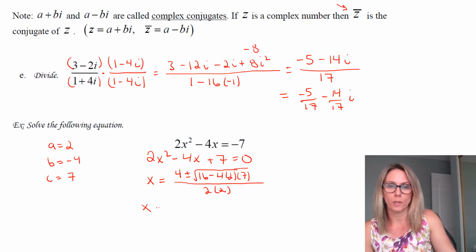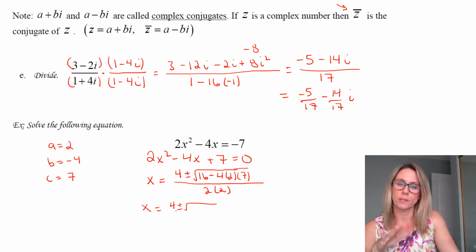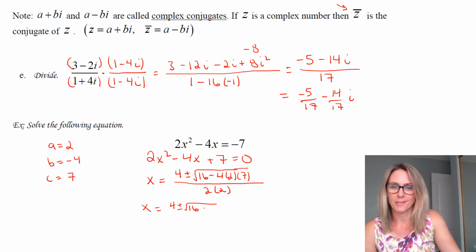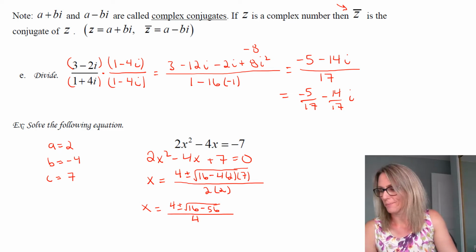Now, you might notice that in the parentheses, we have 16 minus 4 times 2 times 7. And you might notice that 4 times 2 times 7 is 56. And you might notice that 16 minus 56 is going to be a negative number. So that's kind of the key thing to see here.